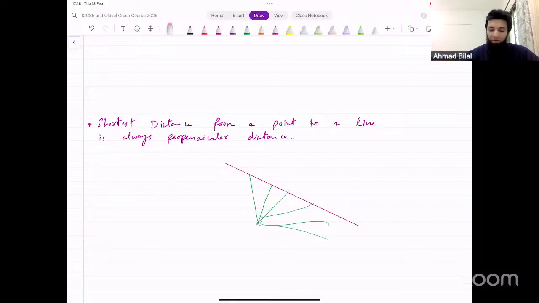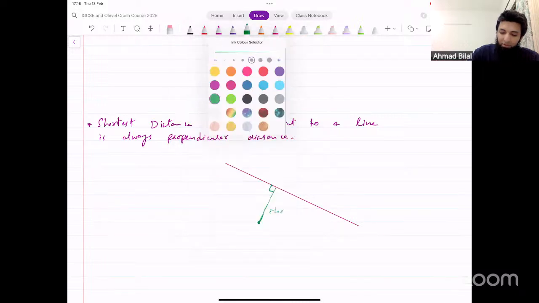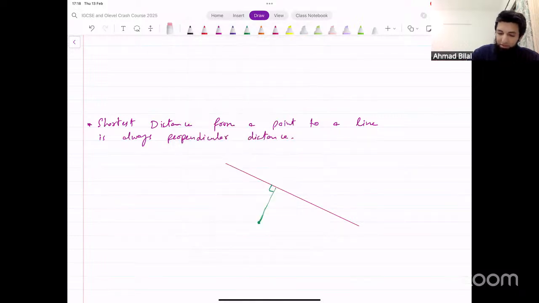If you were looking for the shortest distance, it will always be this perpendicular distance, such that if you were to draw a line that makes a perpendicular to that line, this is going to be the shortest distance between the point and the line. Okay, this is the shortest distance.